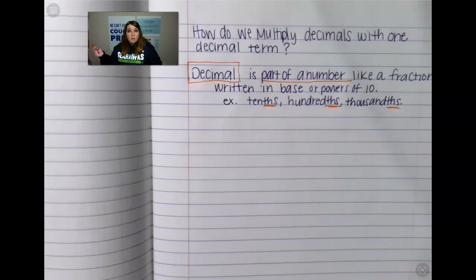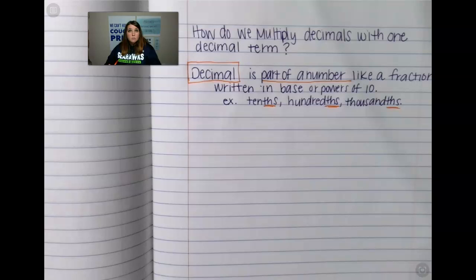So how do we multiply these things? When we're talking money, decimals are everywhere. We have decimals when we're talking about a tenth of a second, and when we're talking measurements. All these times that we're out in the real world and we see fractions written as point something or dot something, those are all decimals.